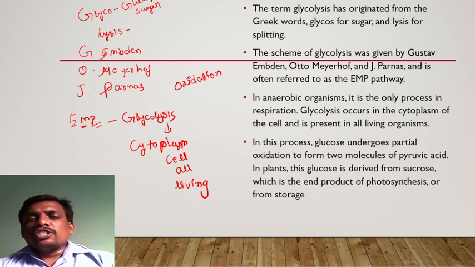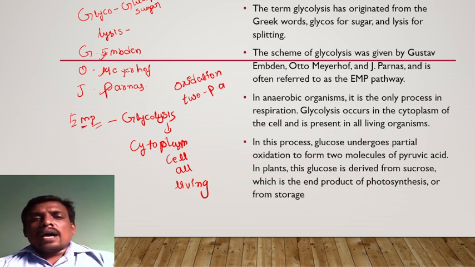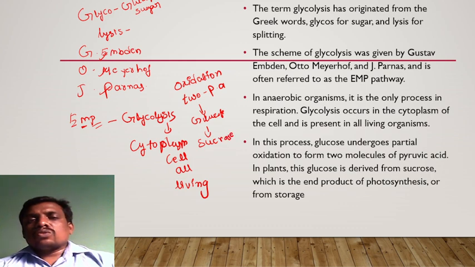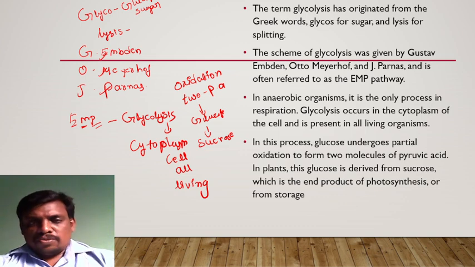Oxidation is nothing but addition of oxygen, to form two molecules of pyruvic acid. And in plants, this glucose is derived from sucrose, which is the end product of photosynthesis, or from the storage.